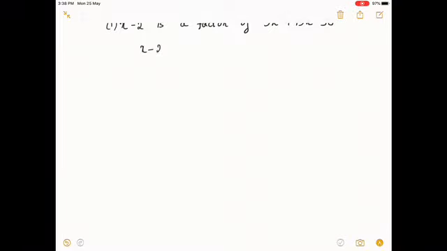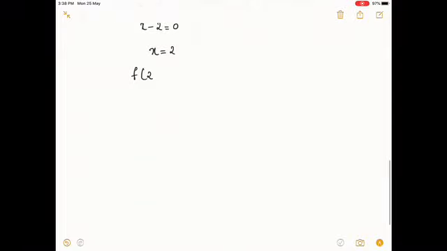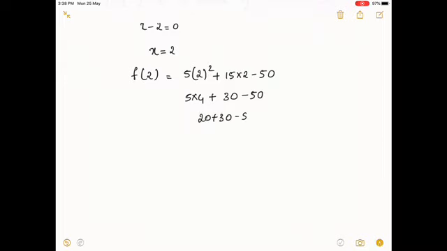Let us see that. x minus 2 equals 0, x equals 2. So what will be our f of 2? f of 2 will be equal to 5 into 2 square plus 15 into 2 minus 50. 5 into 4 plus 15 2s are 30 minus 50. 5 into 4 is 20. 20 plus 30 minus 50 equals 0.